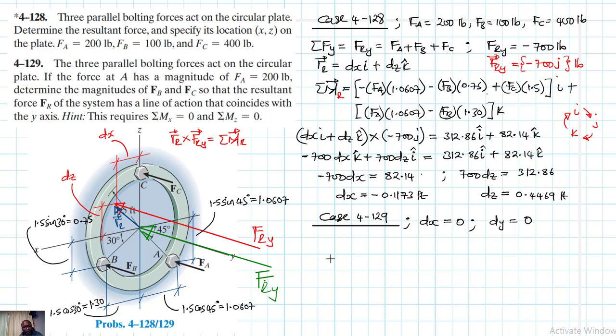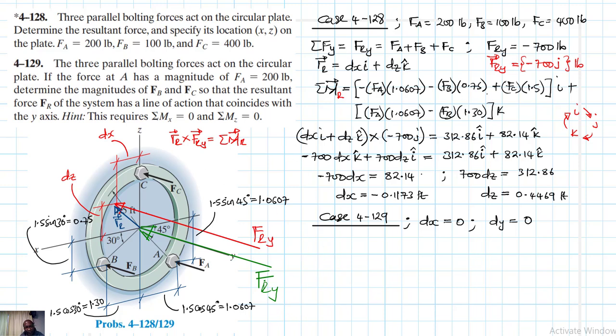The resultant force has only one known component, which is 200, and the others will be unknown. So our resultant moment will have unknowns in it. We are using the same equation, the same resultant.